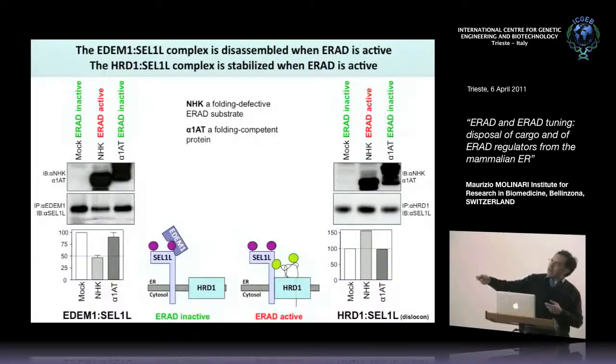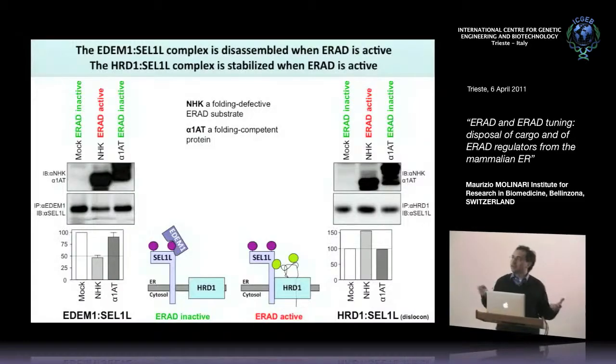When we activate the ERAD machinery, the complex is disassembled. So now we need to destroy proteins, but the complex is not there. Then we put in a folding-competent protein, and the complex is formed again. As if this complex is not formed when you need degradation of substrate, and is formed when you don't need degradation of substrate.